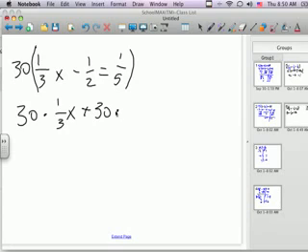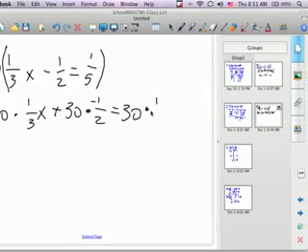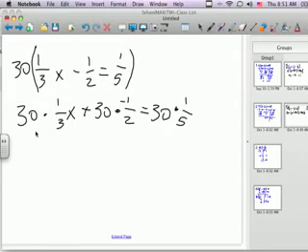And again, if you have a calculator, that's not really much of a problem. I would advise you to use a calculator when you distribute out fractions, because it's just too much work otherwise. It's too easy to make a mistake.